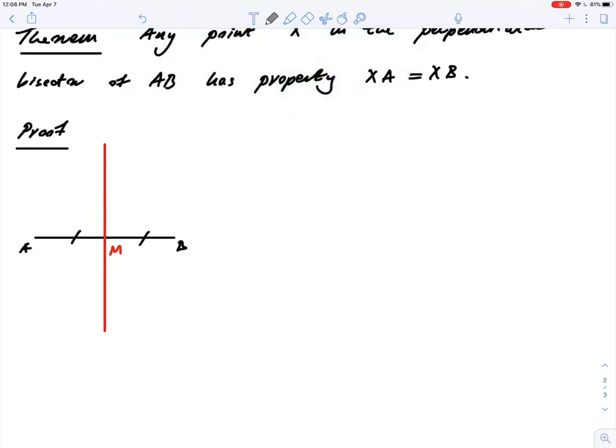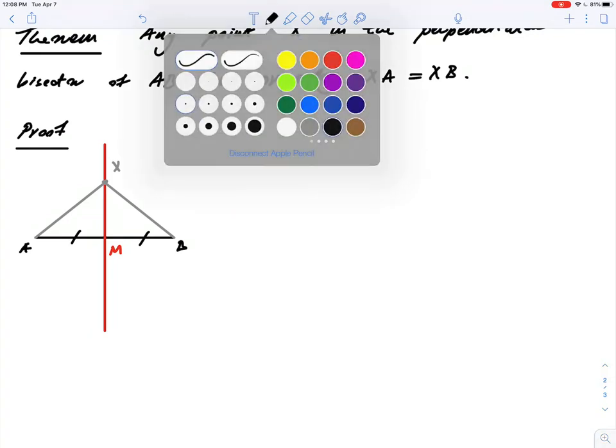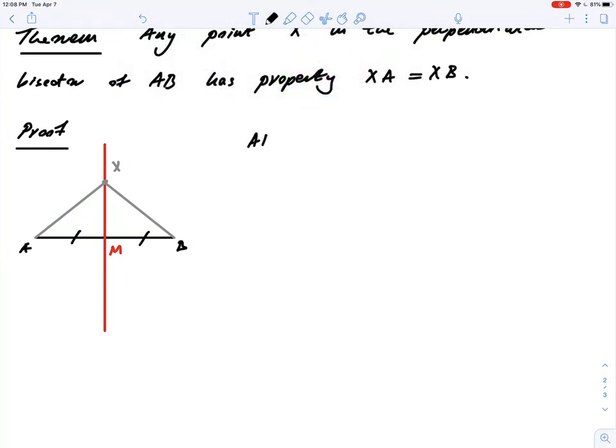Well, we're thinking of some x on this line, and we're trying to show that if that's my x, these two lengths are the same, which I think is kind of obvious, but we want to really prove it carefully. So the aim, of course, is to show AX is equal to BX, if you want to write it like that.